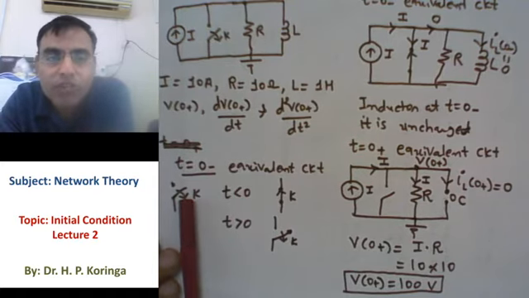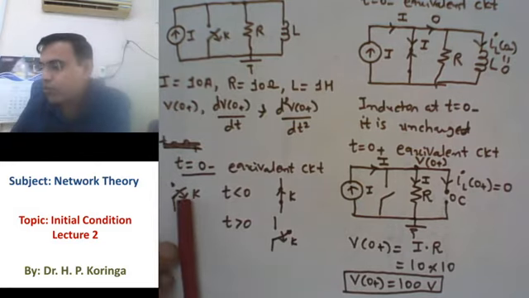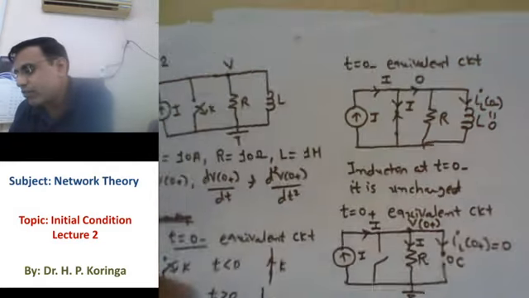Now to find the first derivative and higher derivatives, we have to apply KVL or KCL for t greater than 0.